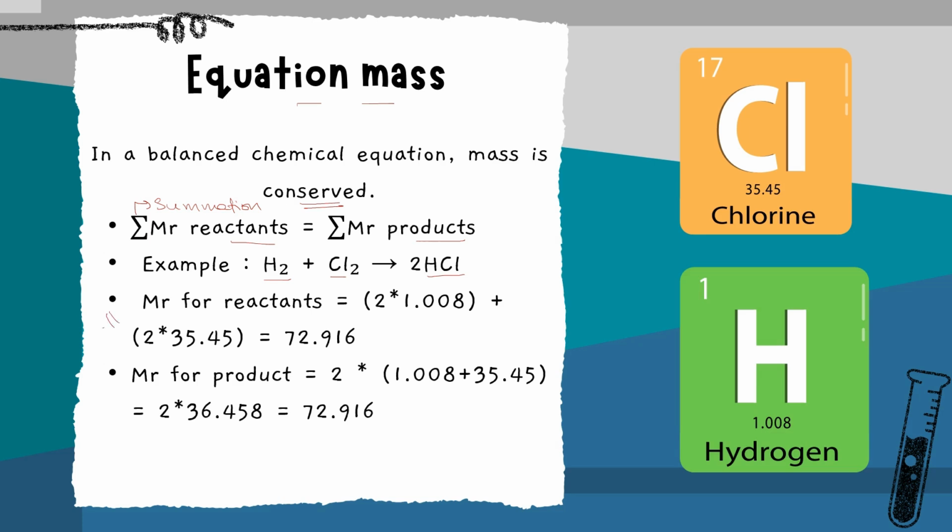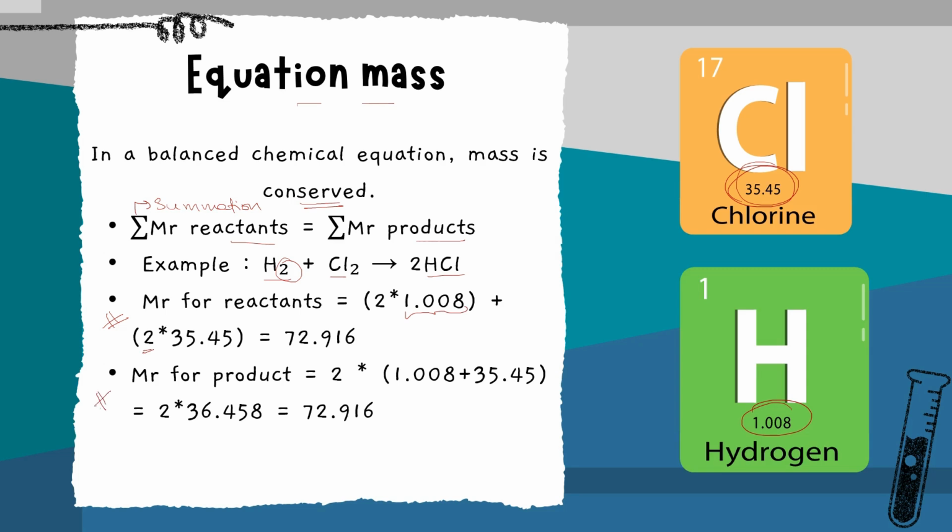To calculate Mr, the relative formula mass, for reactants, we take two atoms of hydrogen, relative atomic mass of hydrogen, plus two atoms of chlorine into relative atomic mass of chlorine. You can find it in here. This comes out to be 72.916.